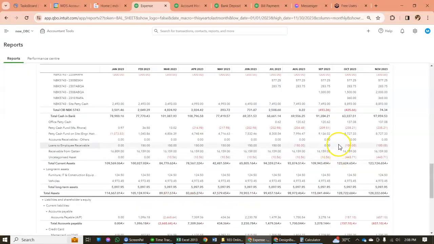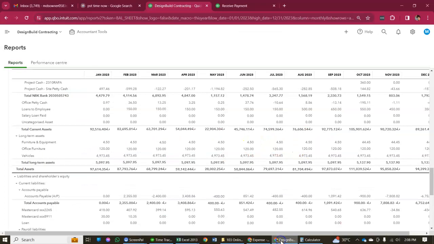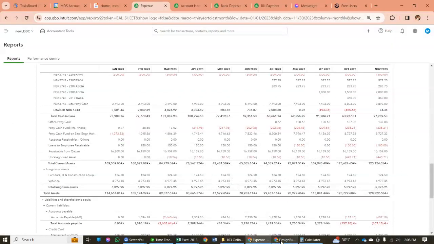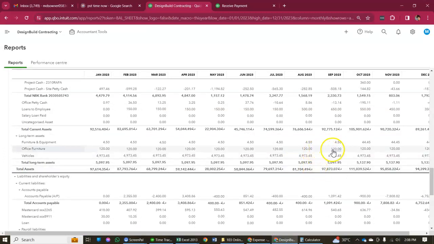Let's check first the loans. Okay, we should be 150 until August, but here something is wrong in August because it's negative. So we should have 150 in August. Oh yeah, it's 500 in here.